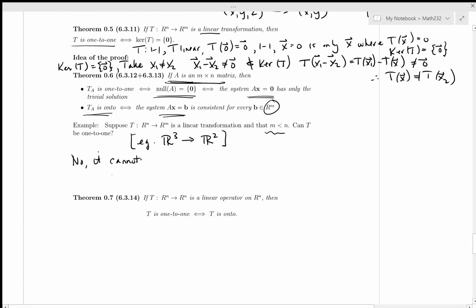AX equals 0, we're going from R3 to R2, so AX equals 0 has more unknowns than equations.